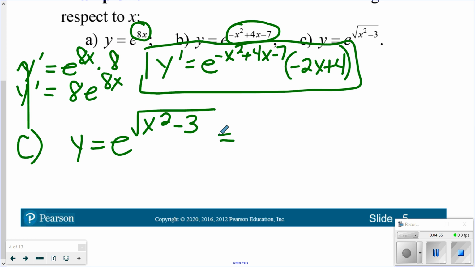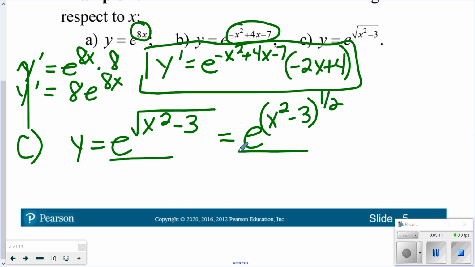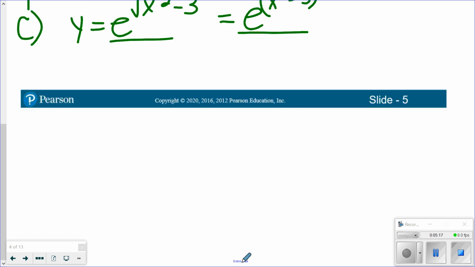First thing we have to do is rewrite it so that we can take a derivative. Okay, this is not calculus yet. All we're doing is rewriting it in a form that makes it so we can take a derivative. Okay, so these two things here and here are equal, but this second one is what we need so that we can take a derivative.